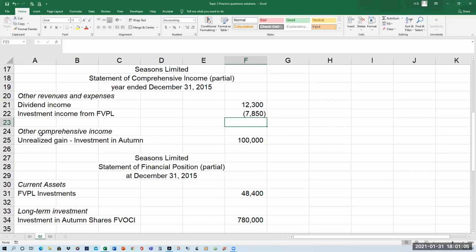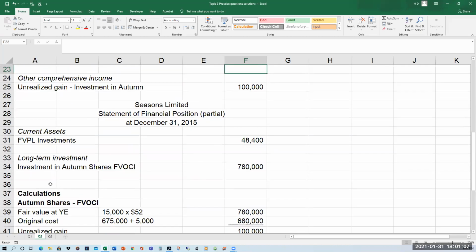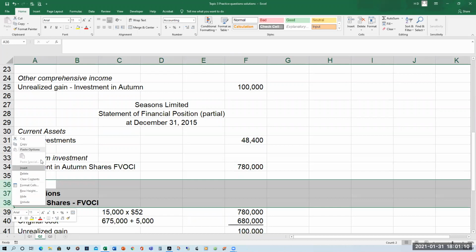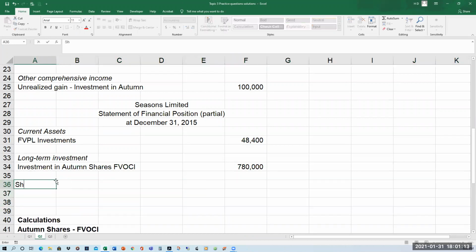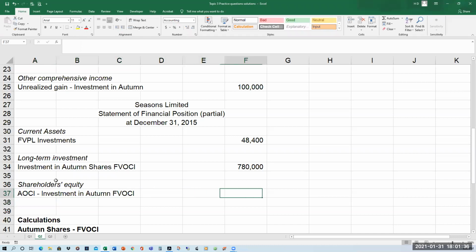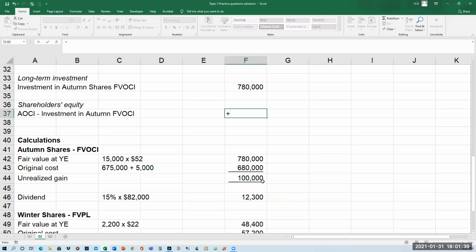Another thing we have to keep in mind is since we have OCI on Autumn, there should be, under shareholders' equity, accumulated other comprehensive income on investment in Autumn, OCI, and the amount is $100,000 as unrealized gain.